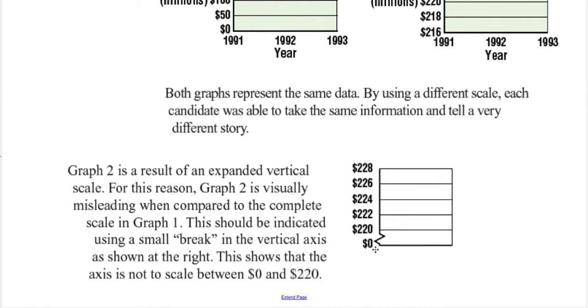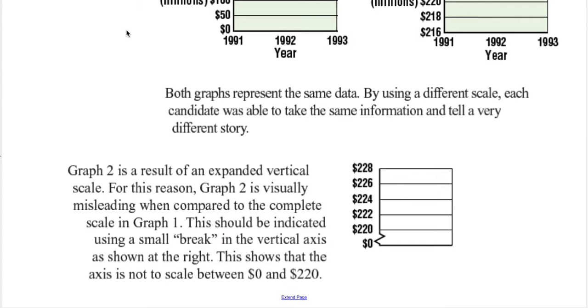This break shows that the axis is not to scale between 0 to 220. So if you create a break, you tell the person reading this graph that it is not drawn to scale, because 0 to 220 will have a different interval from 220 to 222. This will prevent your graph from becoming misleading.